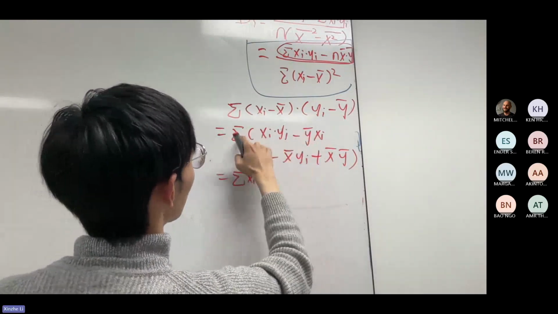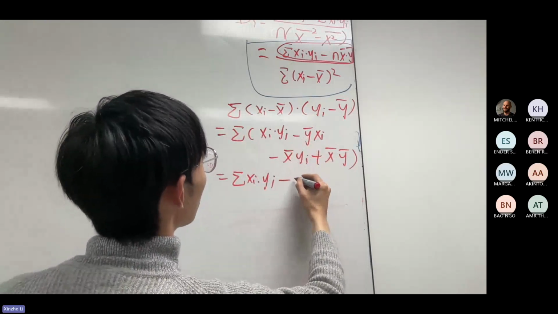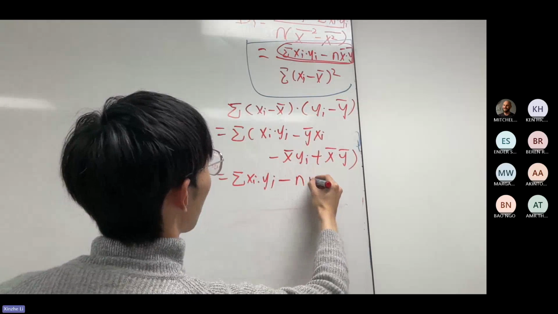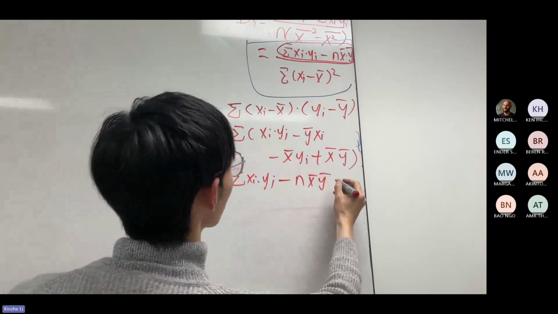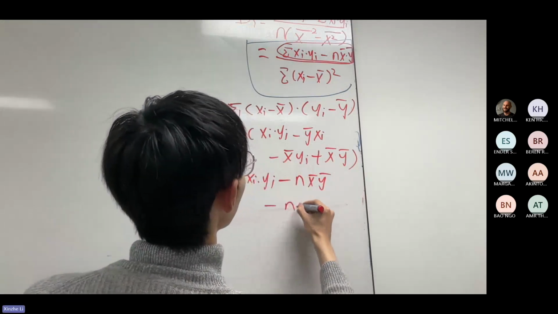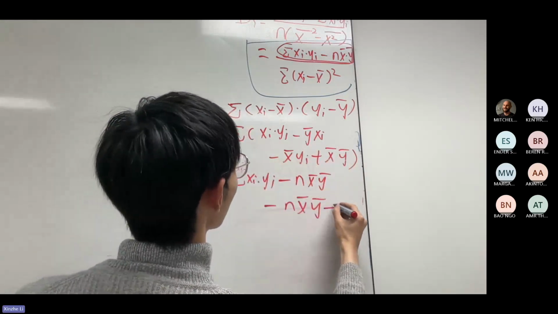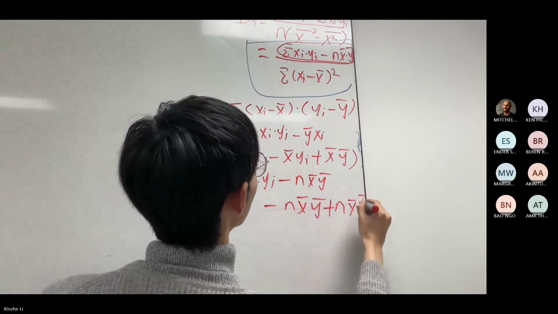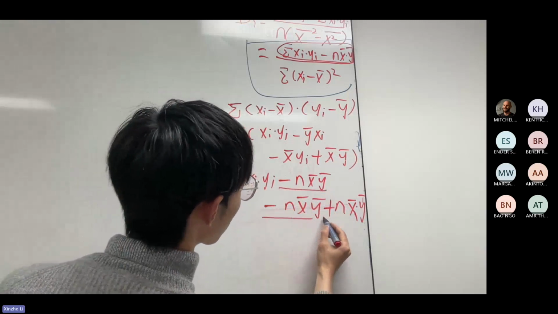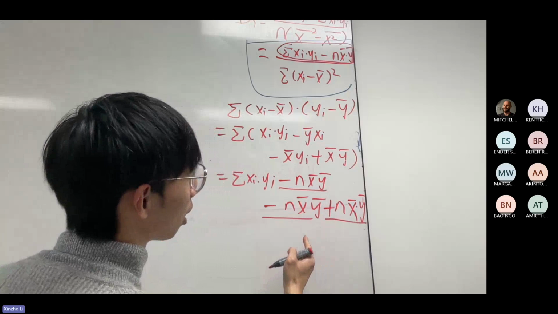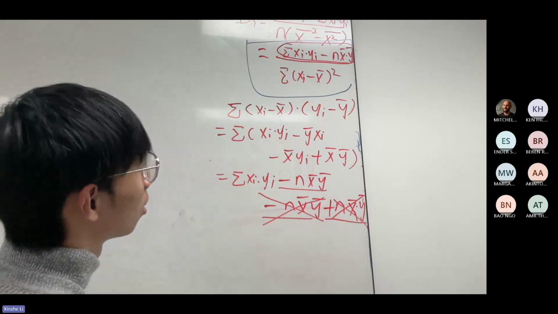The summation of xi is equal to n x bar, right? So it becomes n y bar x bar minus n x bar y bar. Here the same thing, the summation of y equals n y bar, so it's also minus n x bar y bar. The summation of x bar y bar is equal to n x bar y bar. So here we have n x bar y bar minus n x bar y bar minus n x bar y bar plus n x bar y bar.